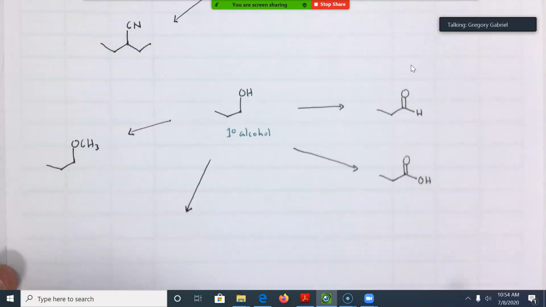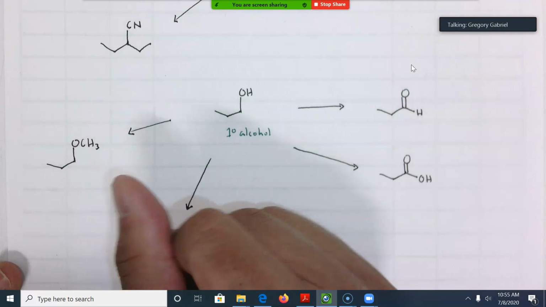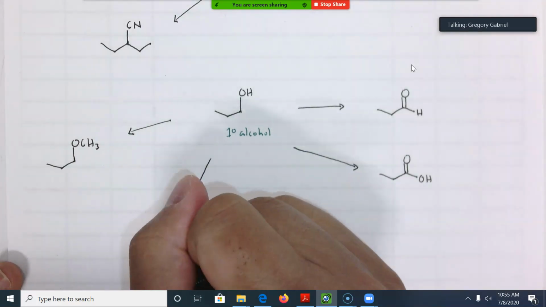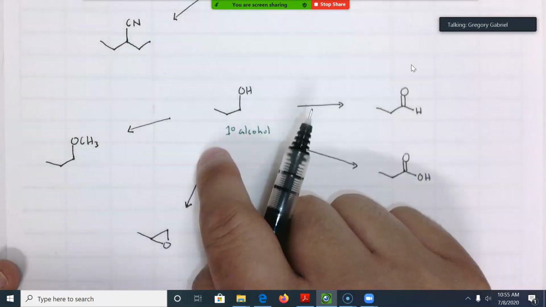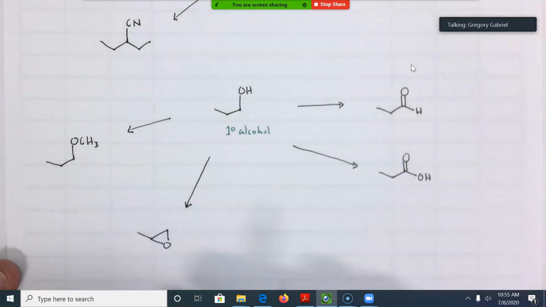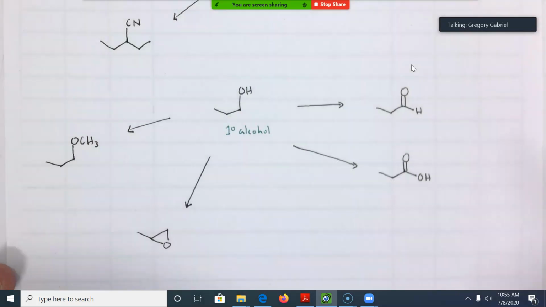I'm going to challenge you. What if I want to make, again, this is going to be a sequence of reactions. What if I want to make this the epoxide from an alcohol, though. And you think of a sequence of reactions where I can ultimately get to this epoxide with 3 carbons. Okay, this has 3 carbons as well. So I'm happy with that.